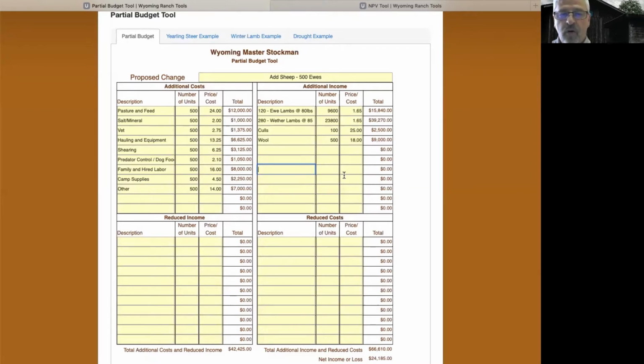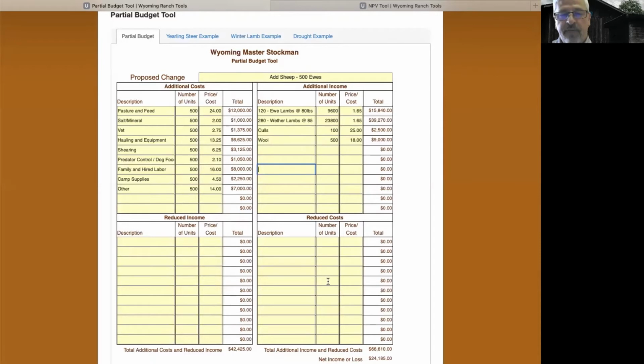So how do you know whether you can pay off that investment? Even though you're estimating that you're going to increase your revenue by $24,000, how do you know that you're going to pay off that investment? Now, one big plus here is we're assuming that our fixed costs, like buildings and depreciation on the ranch, aren't changing, because we're just adding these ewes in without changing the ranch size or scaling up our ranch.